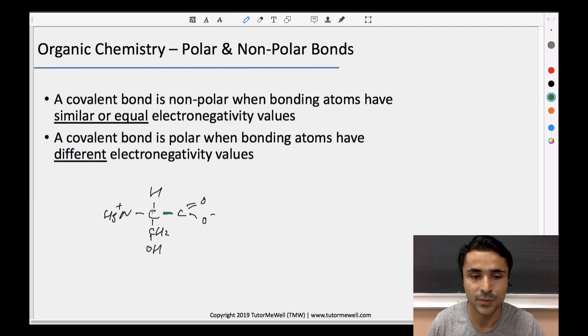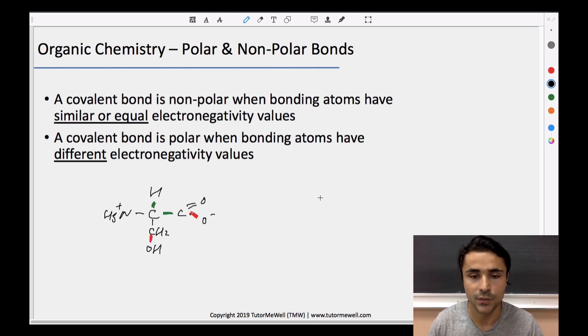And also the bond between carbon and hydrogen. Even though their electronegativity values are different, they're not that different for the purpose of this course. So therefore, I'm going to take them as nonpolar as well. However, a good example of a polar bond here would be the bond between this carbon and that oxygen, and this one as well, and same thing with this.